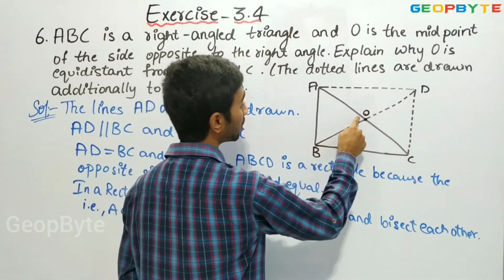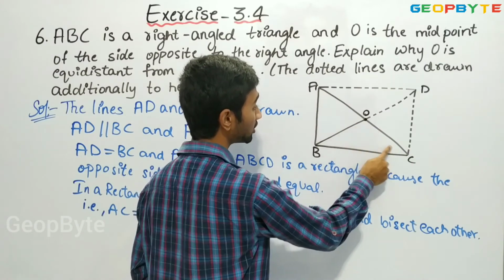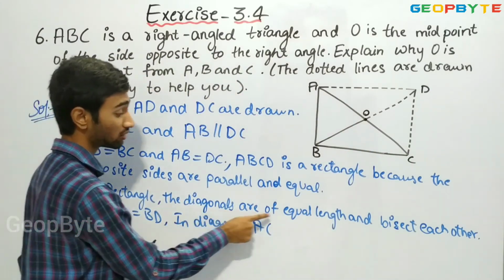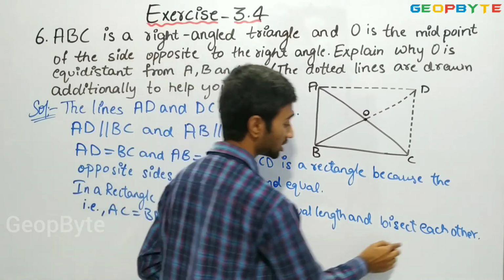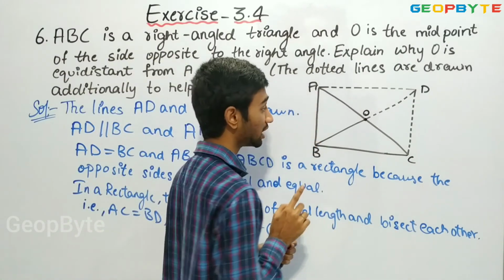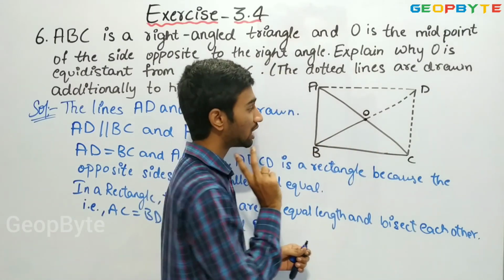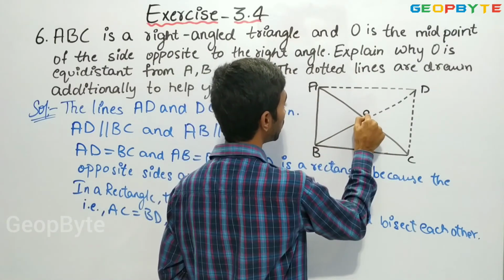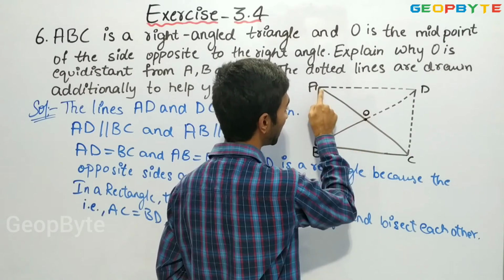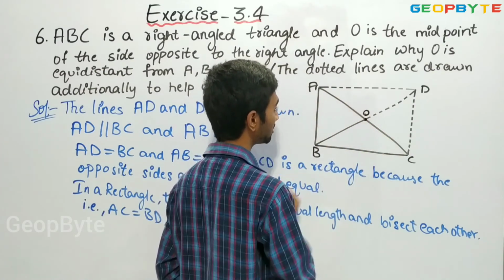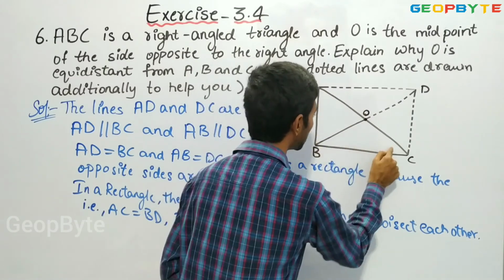So now here OA is equal to OC, because we know that in a rectangle diagonals are of equal length and bisect each other. Bisect means that it divides the line into two equal halves. So O acts as a midpoint and divides this line into two equal halves. So this length will be equal to this length. So OA equal to OC.